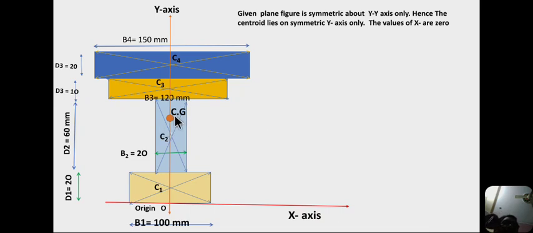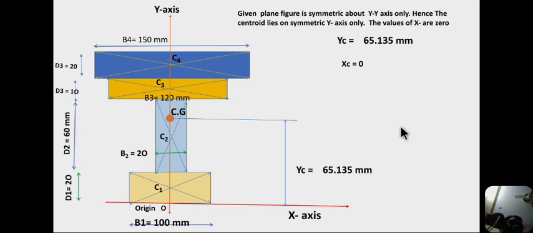So the center of gravity or centroid CG is at a distance of yc equal to 65.135 mm from the x-axis. So x equal to 0 and yc equal to 65.135. So these are the final values, and the final position of the center of gravity is here. This is the final answer. Okay, thank you.